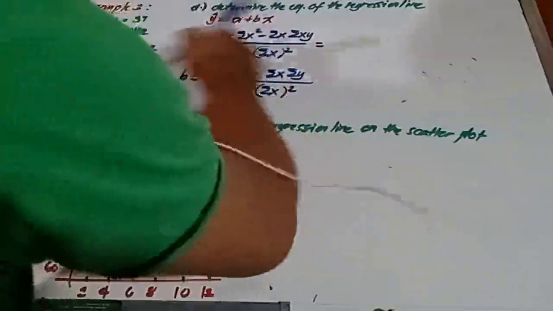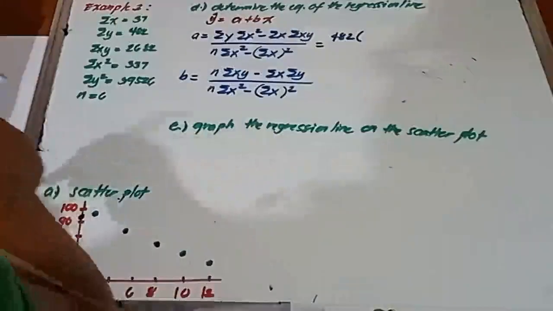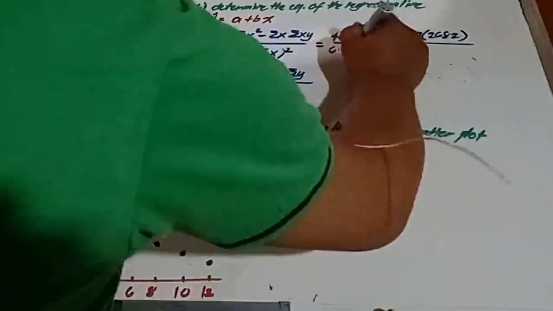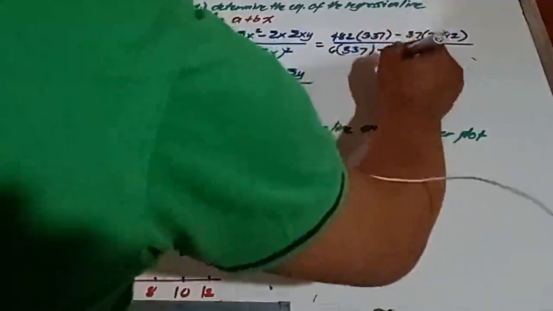So we have 482 times summation of x squared is 337 minus summation of x 37, summation of xy 2682, all over 6, summation of x squared 337, summation of x is 37 squared.